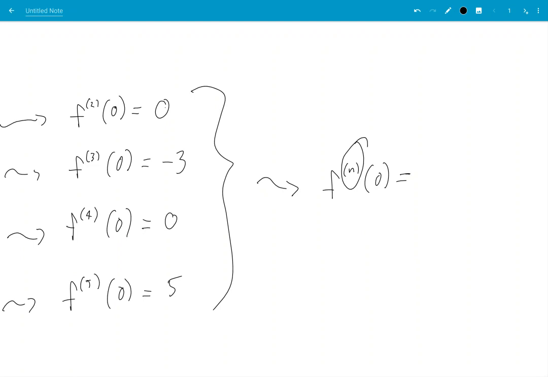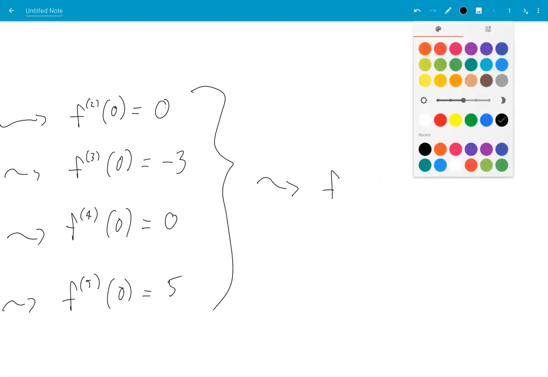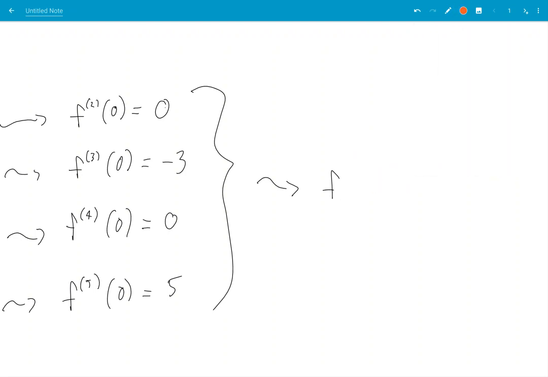It's not going to be easy for me to figure out. So what I'm going to do instead is say that it's the odd numbered derivatives that are non-zero.